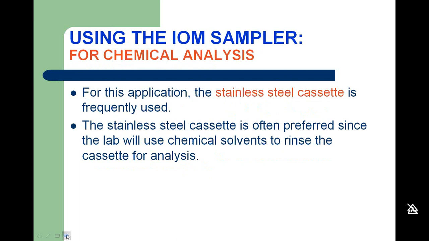For chemical analysis of metals and other compounds, the IOM with the stainless steel cassette is frequently used. The stainless steel cassette is often preferred since the lab may rinse the cassette with chemical solvents for chemical analysis.